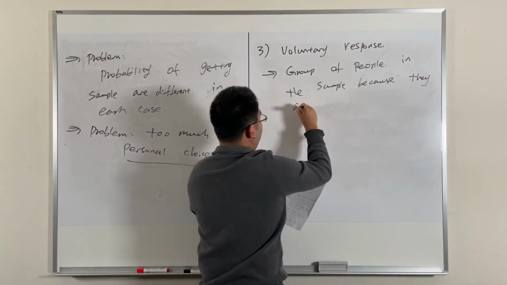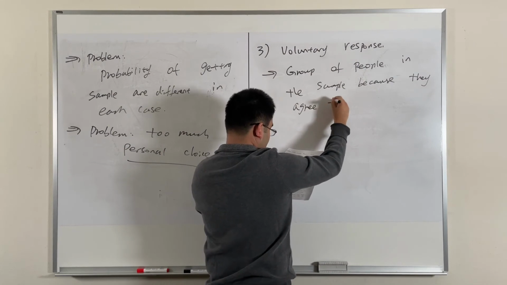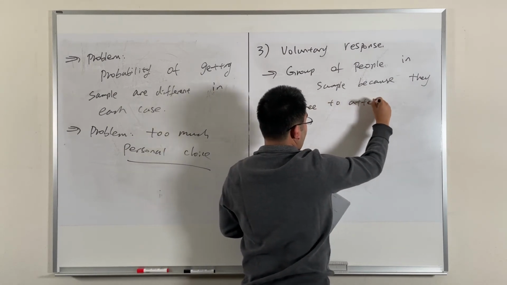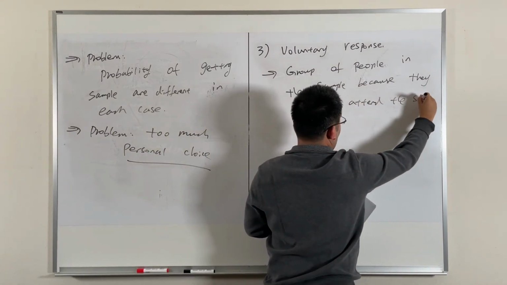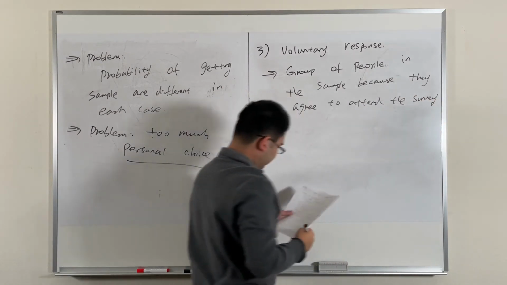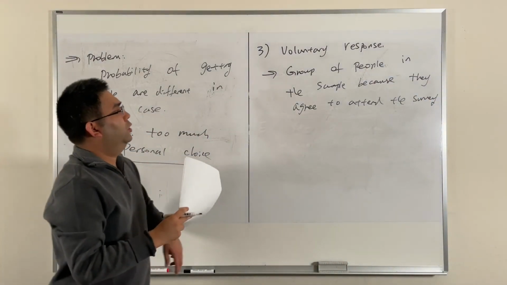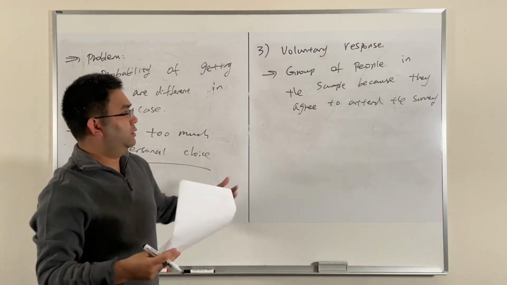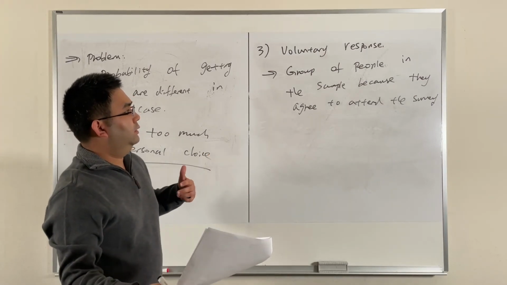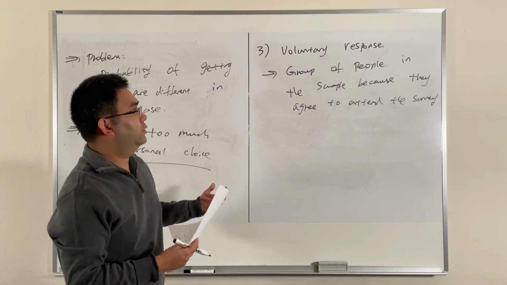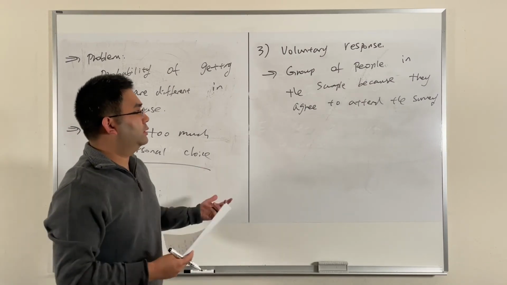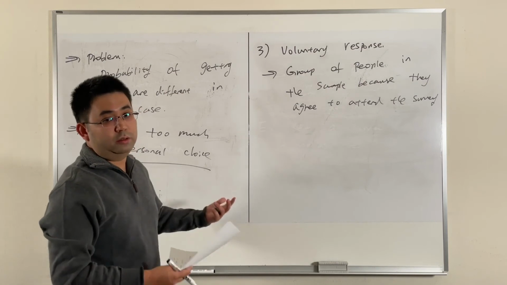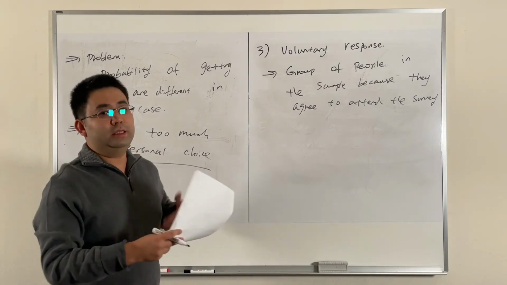Say we set up a booth and ask people to take a survey. With voluntary response, the people in our sample are there because they volunteer, they want to, or they're interested in this topic.